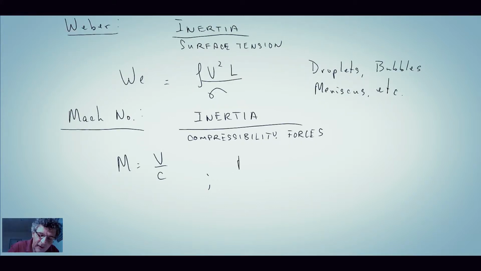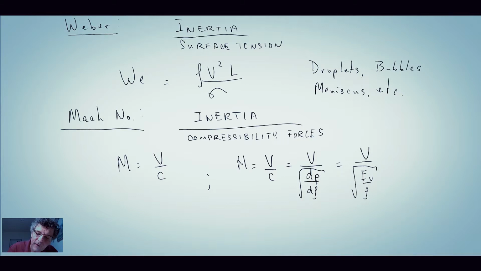And the place where that is coming from goes back to our definition for the speed of sound in gases or in a fluid. And we have the bulk modulus, which is EV. That is our bulk modulus. So that's one way of coming up with the Mach number.